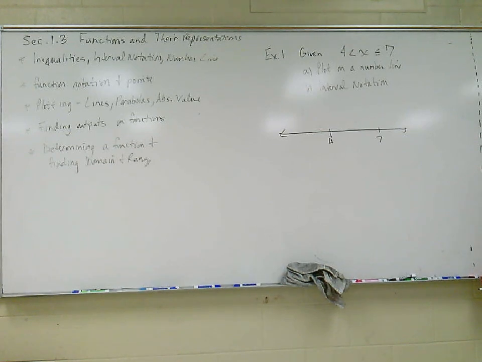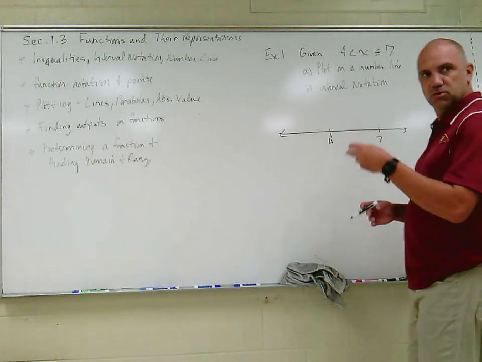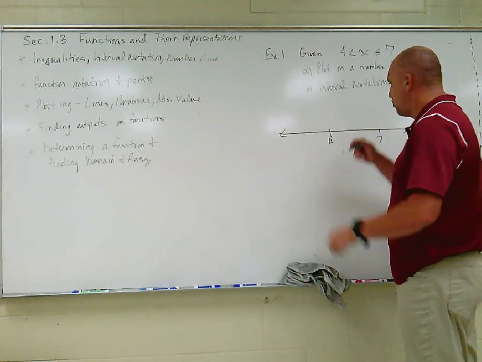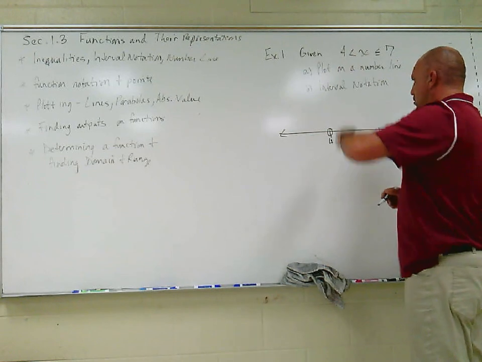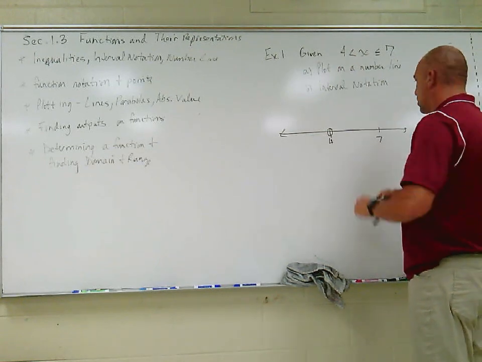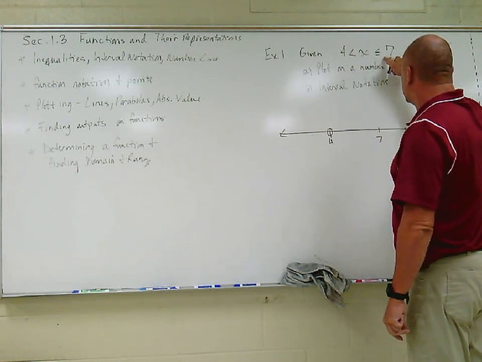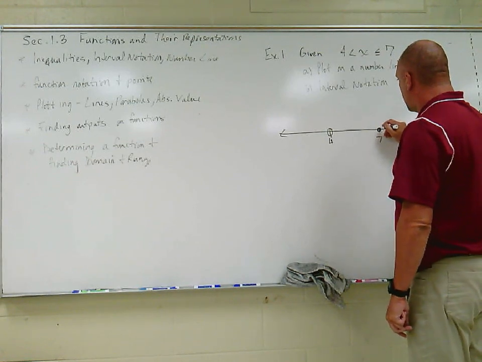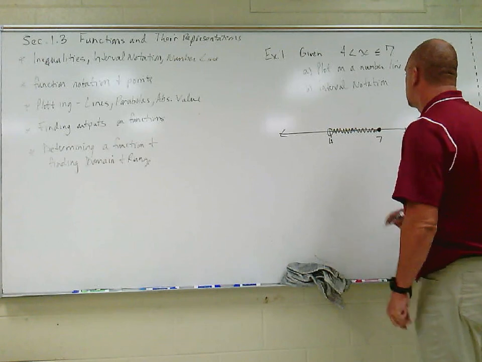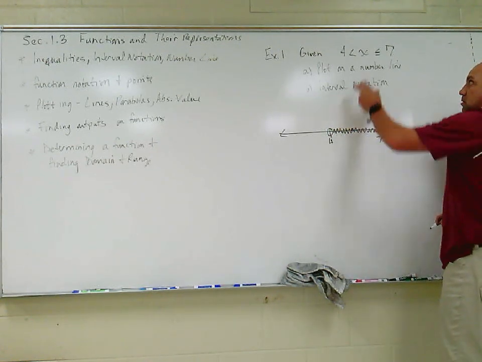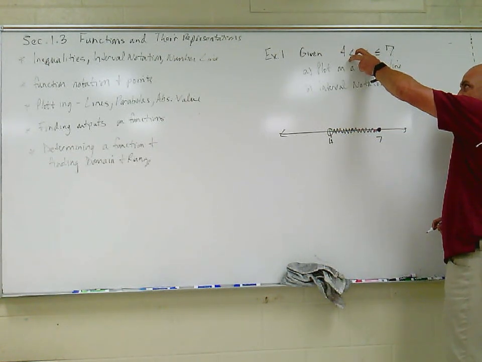What they do is they put a parenthesis, which goes hand in hand with an open circle, so we're going to put an open circle. And if it's equal to, we put a closed circle. Then we would shade in here to show that this represents that inequality right there.